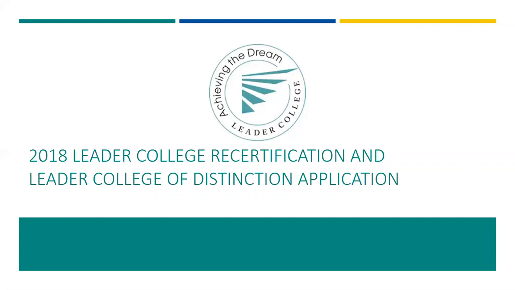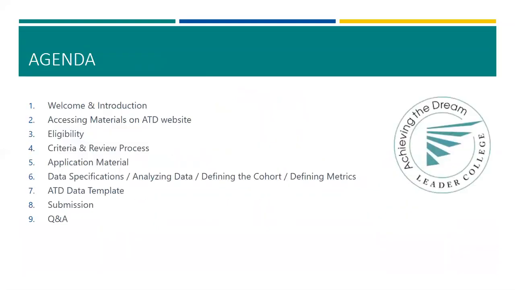Our agenda for today will cover the following: how to access application materials via ATD's website, and specifics around eligibility criteria and the review process, introduction of new metrics for the recertification process and metrics around Leader College of Distinction certification, along with other material required for the application.